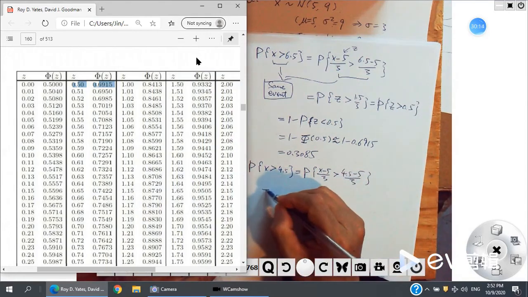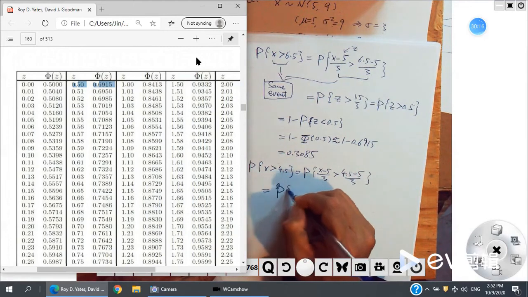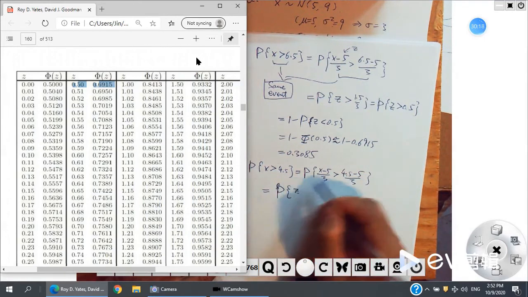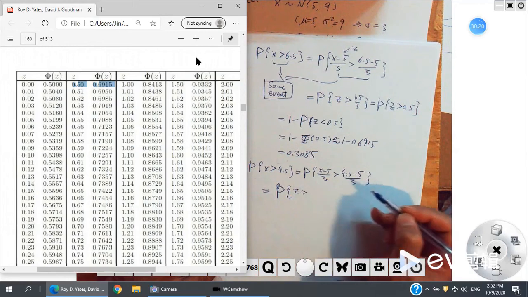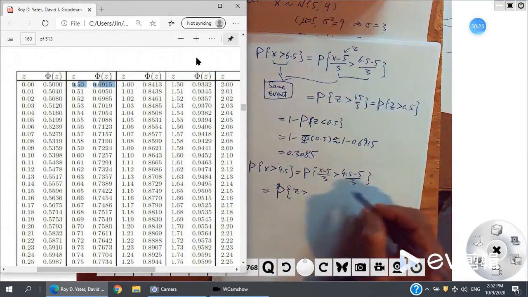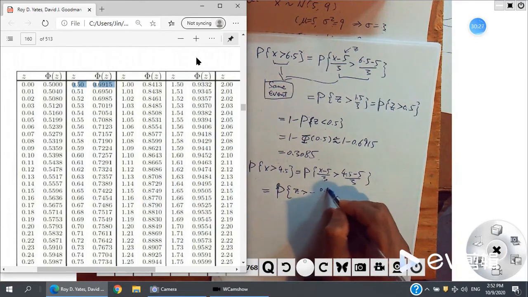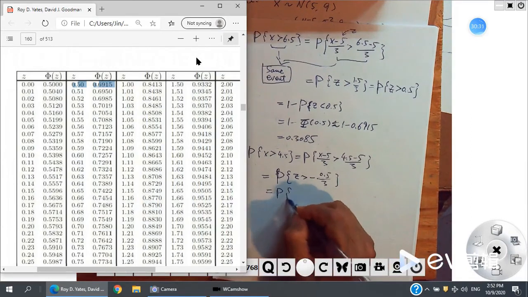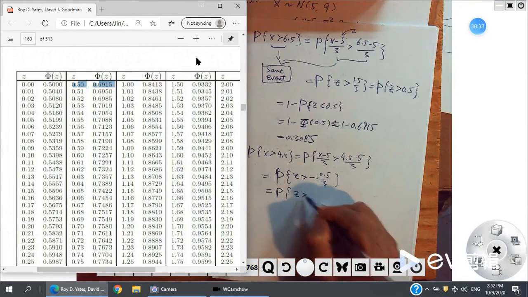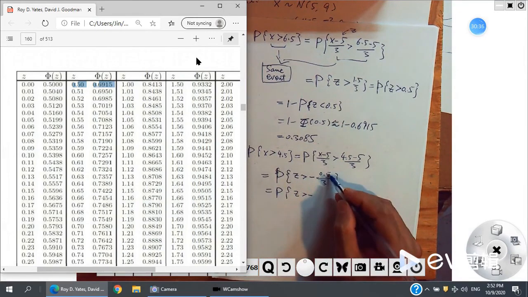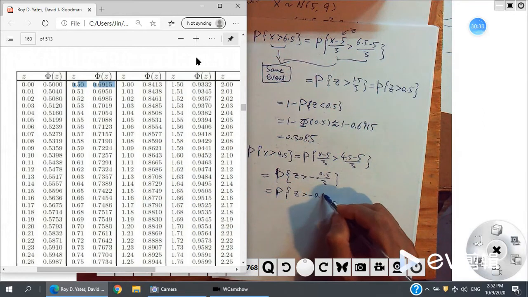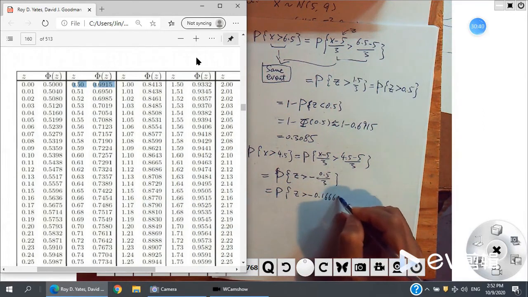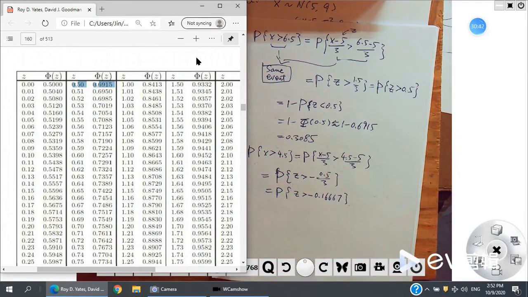So this is the probability of z larger than, okay, negative 0.5 over 3. I have a negative value again. Z larger than negative, what is it? 0.1666, yeah, like this.